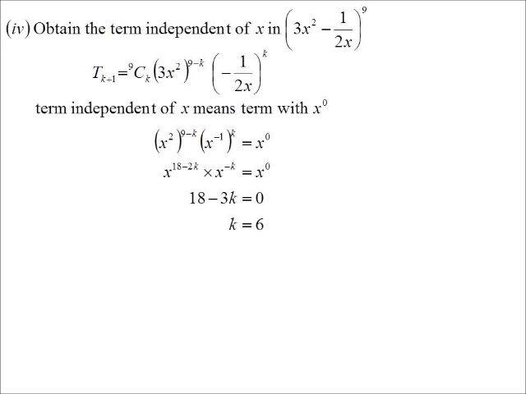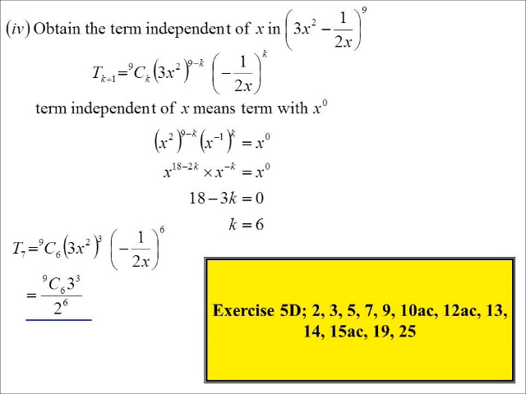So it's not the 6th term, it's actually the 7th term using my notation, because I'm going with the term k plus 1 notation. And term 7 would be, now I can substitute back in, well, I know all the x's will cancel, so I'm left with 9C6, 3 cubed over 2 to the power of 6 as the independent term. All right, there we go, let's play with 5D.